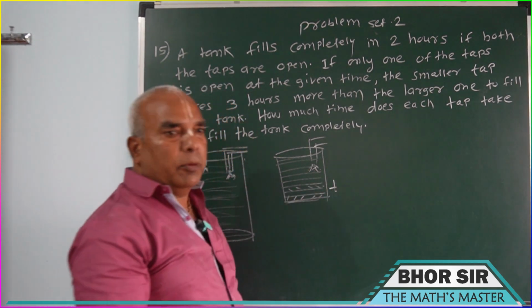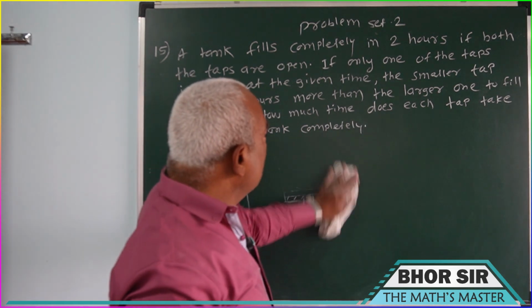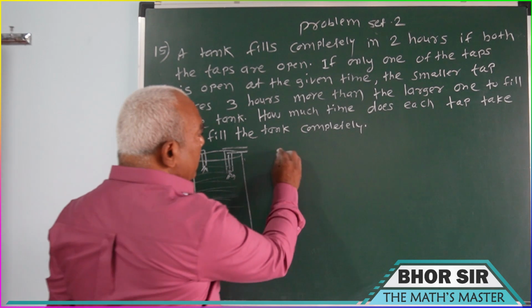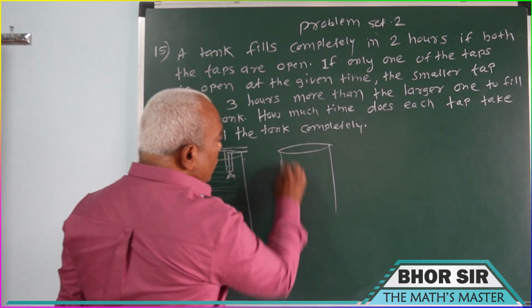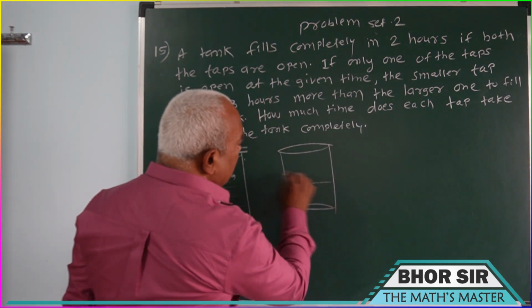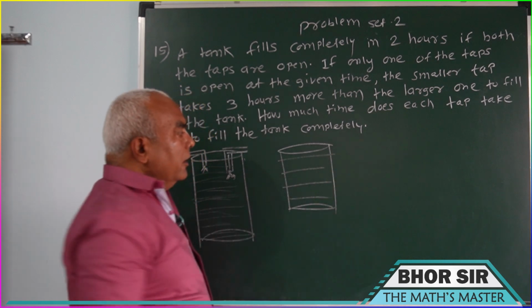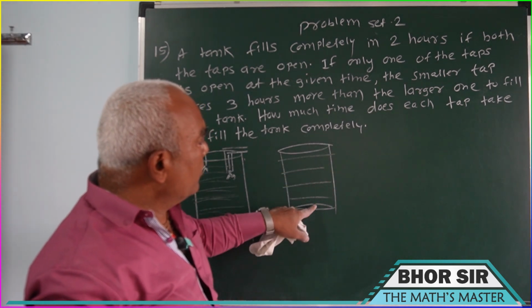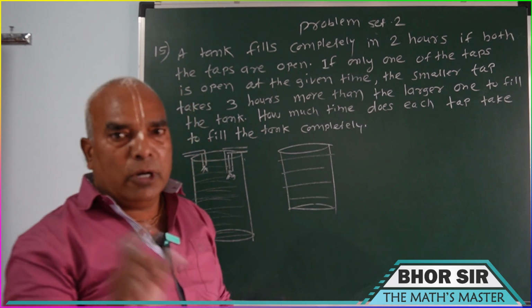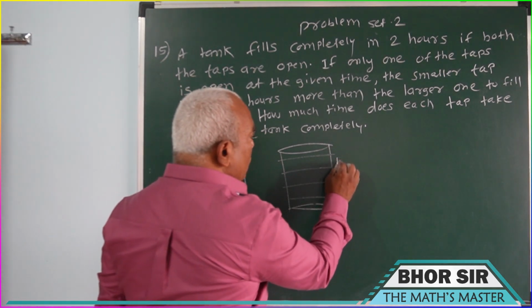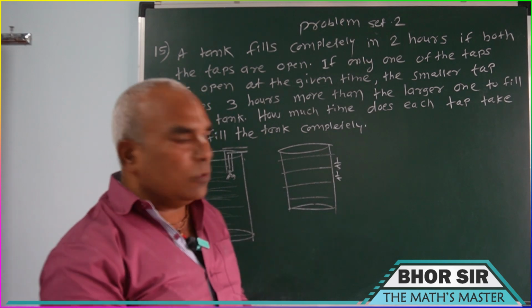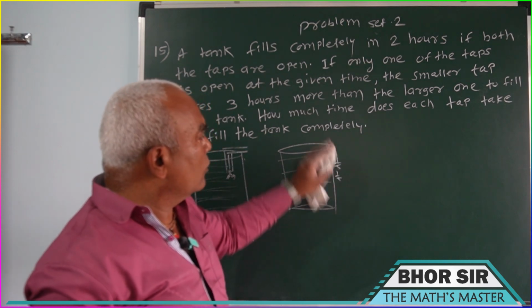Suppose 5 hours are required: it makes 5 parts, and in 1 hour, 1 part. 6 parts means 1 upon 6 for each part.